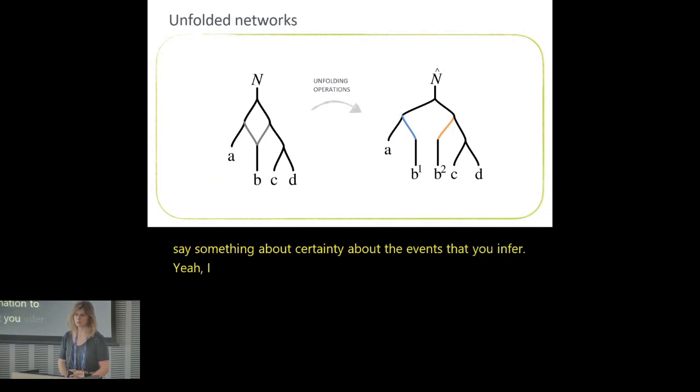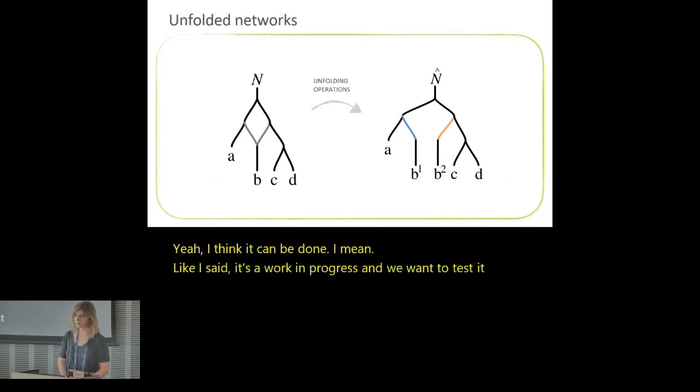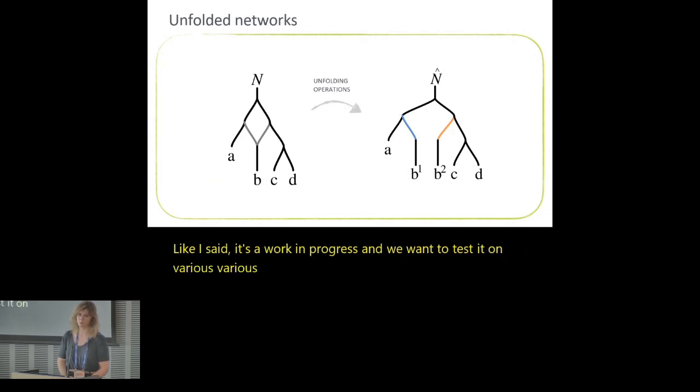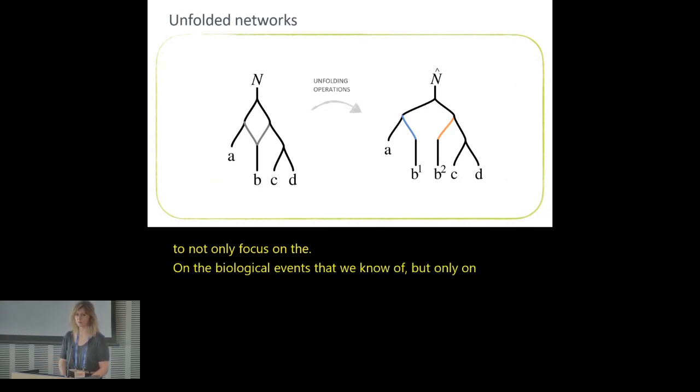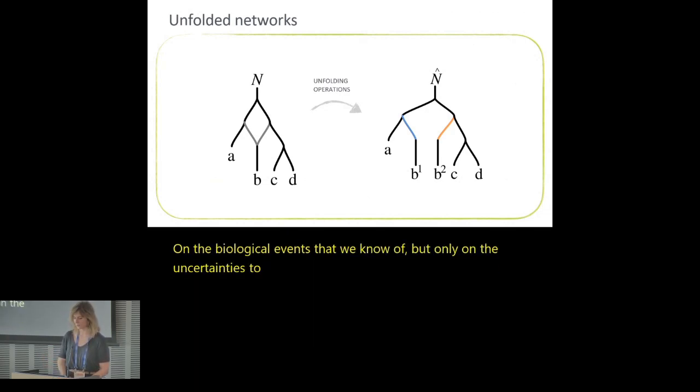Yeah, I think it can be done. Like I said, it's a work in progress, and we want to test it on various data sets. So maybe, as you said, we will not only focus on the biological events that we know of, but also on the uncertainties to check what the results will be.